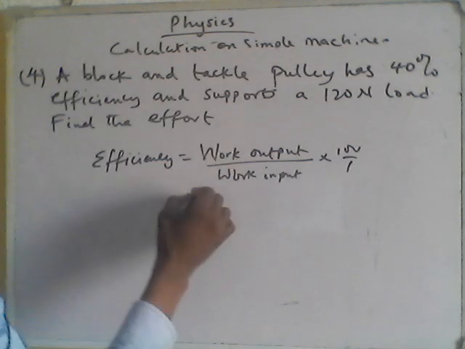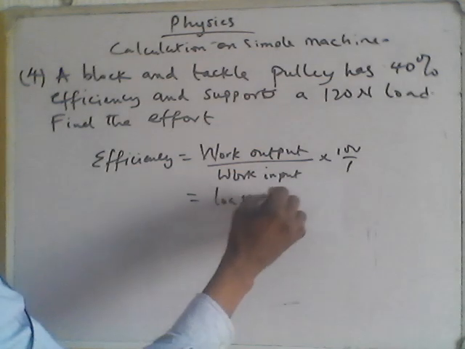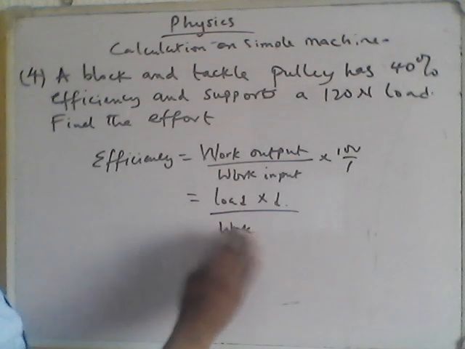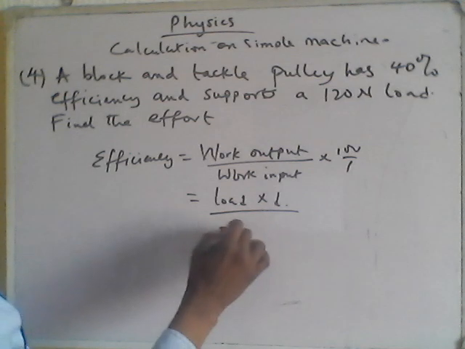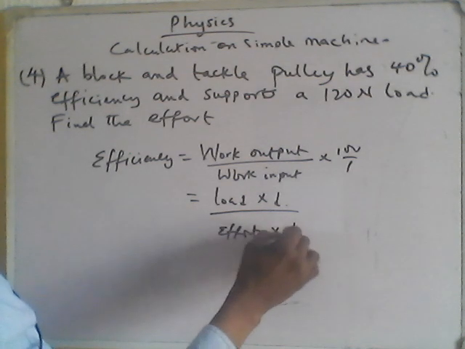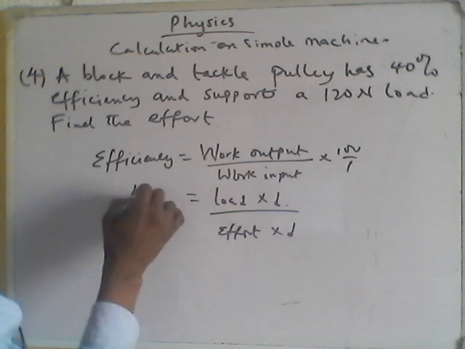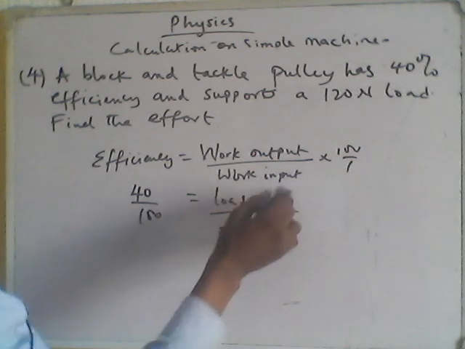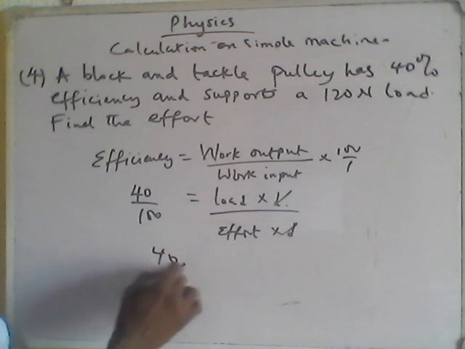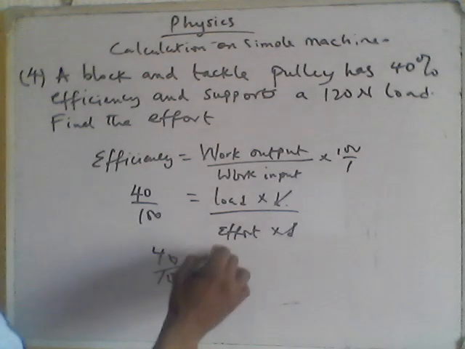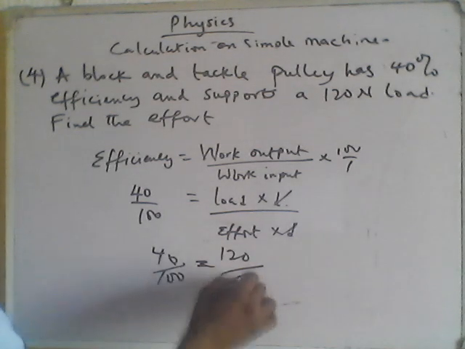The work output has to do with the load times the distance moved by the load, and work input is the effort times the distance moved by the effort. And efficiency is given as 40%. At this point, the load is 120 and the effort is not given.